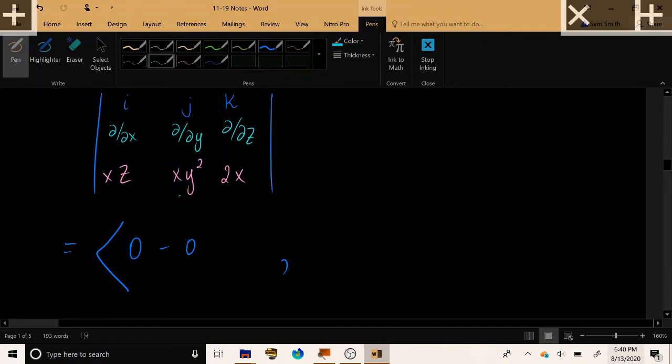Alright, let's look at the j component. So we have partial x of 2x, result 2. And then going across from that, partial z of xz is x. And then, because it's the j component, we swap that.